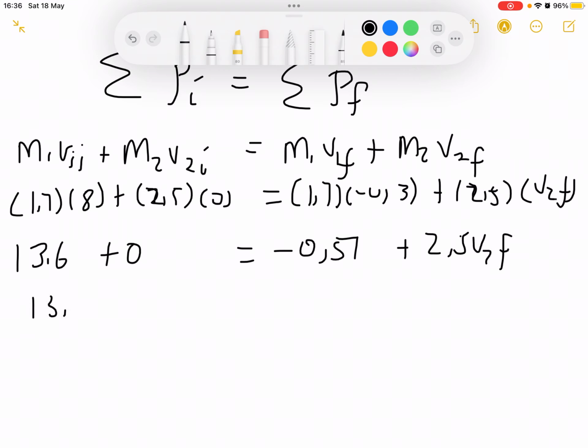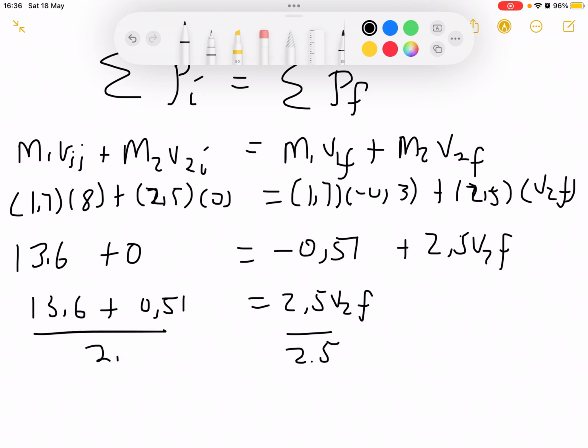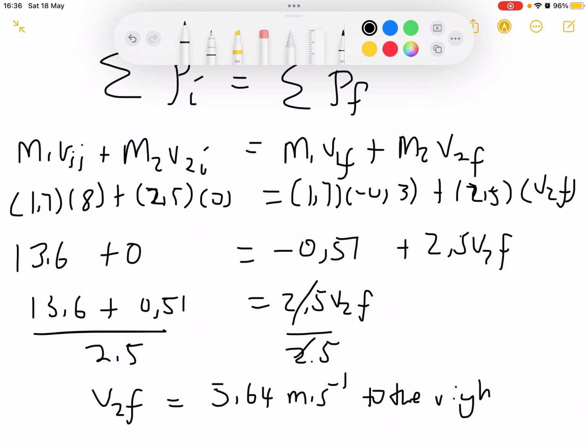Now this is 13.6 plus 0.51, which is equal to 2.5 V2 final. Then we divide both sides by 2.5, and then we get V2 final is equal to 5.64 meters per second to the right. To the right because it's a positive value.